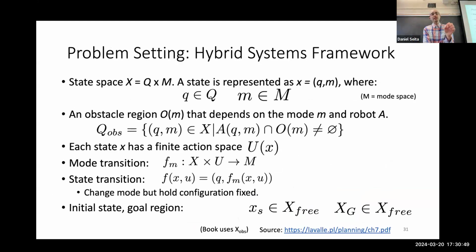Sometimes we call this the hybrid system framework, where again it's basically the same technique as the time varying one. You just augment your state space. So your state space is Q cross M instead of being cross time as before. X equals (Q, M), where Q is the robot configuration space and M is a discrete set of modes.